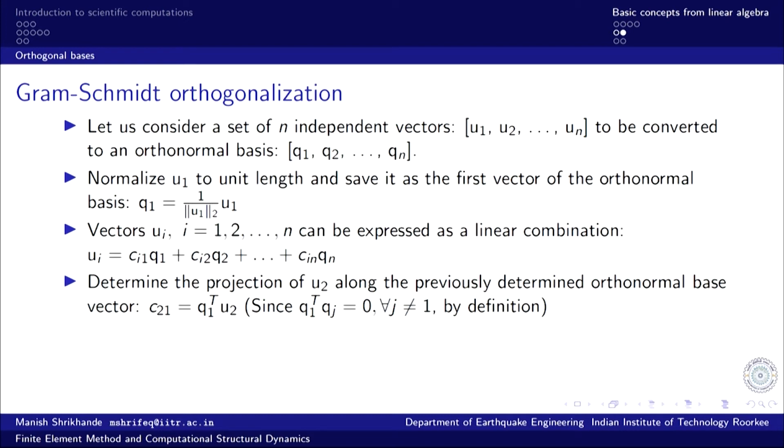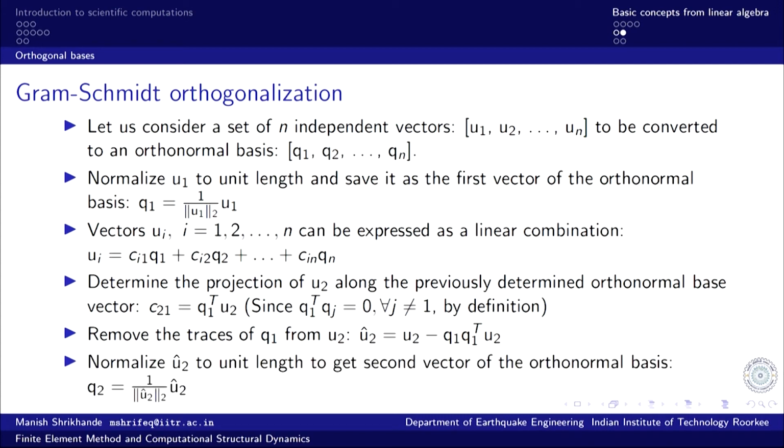That projection is given by q1 transpose u2, and that is c21, and then subtract, remove the traces of q1 from u2, and this resultant vector is rendered orthogonal to q1, and that is how we continue.